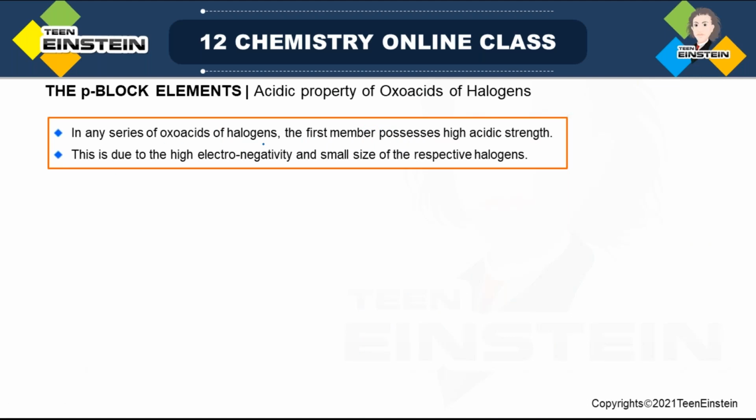In any series of oxoacids of halogens, the first member possesses high acidic strength. This is because of the high electronegativity and small size of the respective halogen.